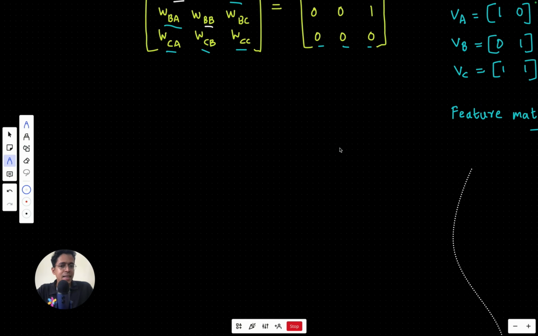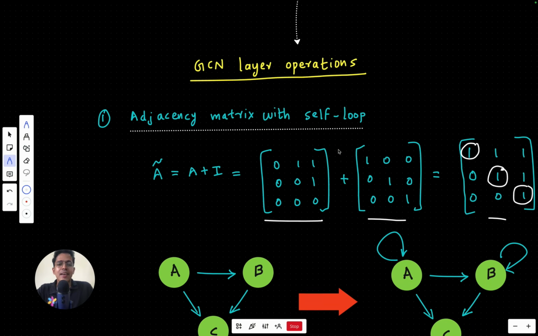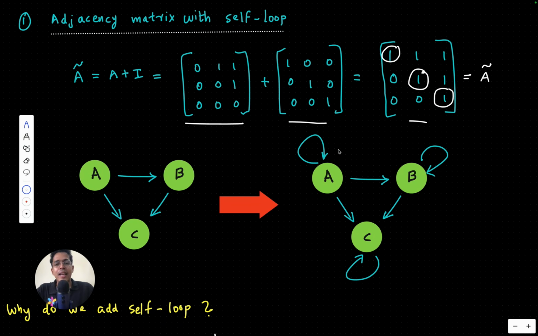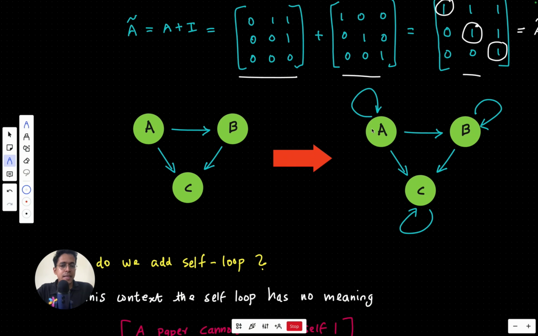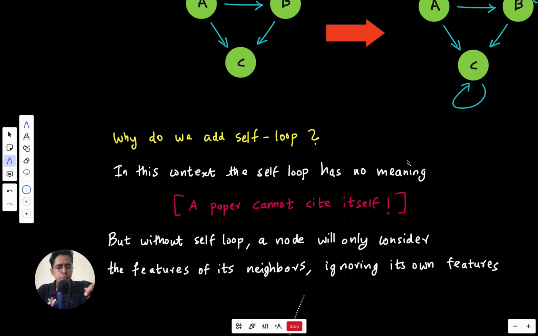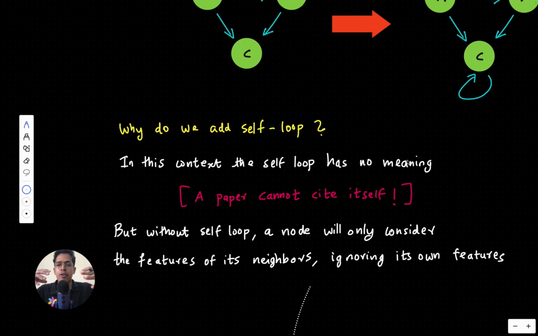And interestingly, we also mentioned that since a paper cannot cite itself, there won't be any self loop. So the connection going from node A to itself, B to itself, and C to itself does not have any physical meaning in this example of paper citations, because obviously a paper cannot cite itself.